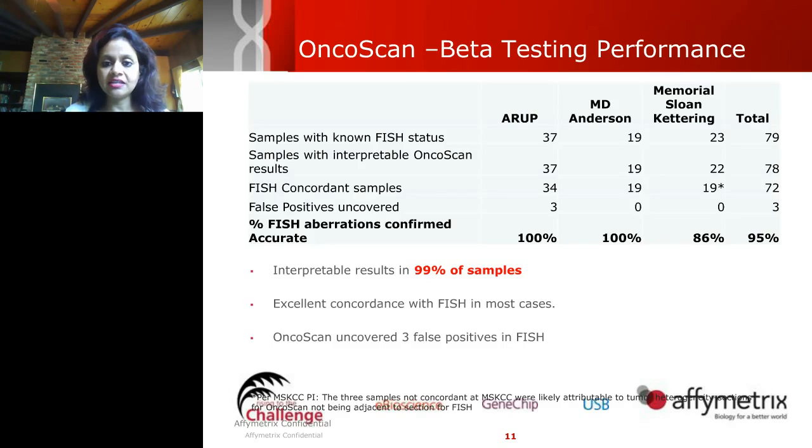So as you can see here from this little table, 99% of the samples generated high quality data on FFPE, and there was excellent concordance with FISH in most cases. The one interesting thing was that the OncoScan actually uncovered 3 false positives in FISH in 3 cases, and these have been published.